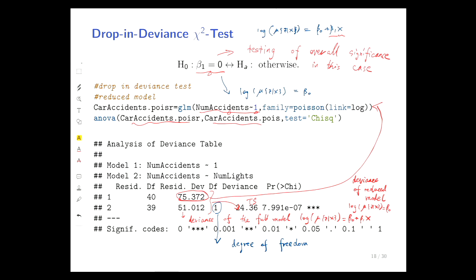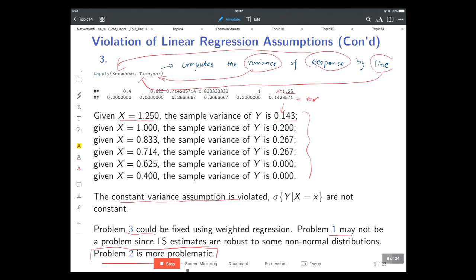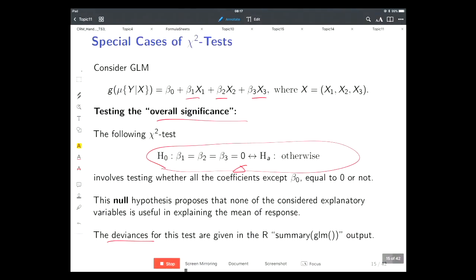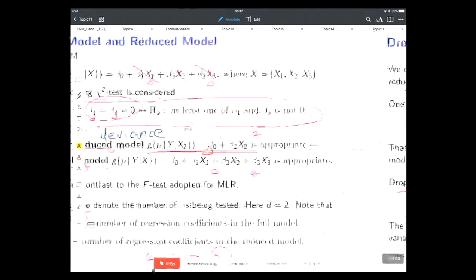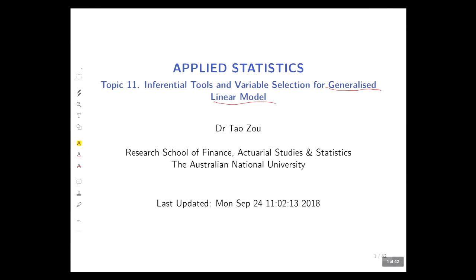Very good question. Let's review some part in topic 11. If you really do not remember how to perform the hypothesis testing and the confidence interval, my suggestion is to review topic 11, because topic 11 is for all the generalized linear models, including the Poisson log linear regression model.